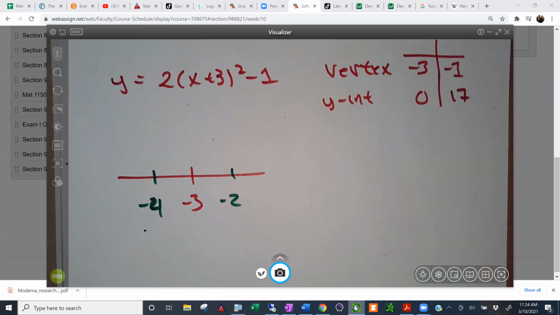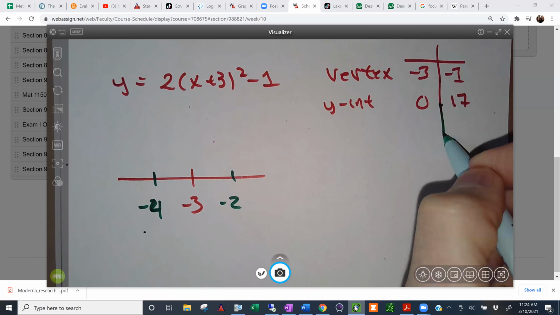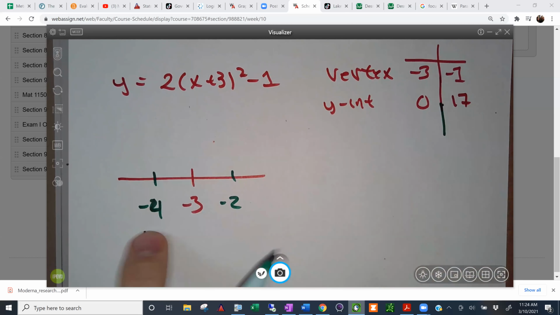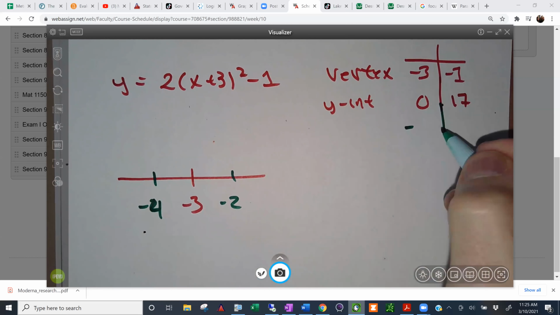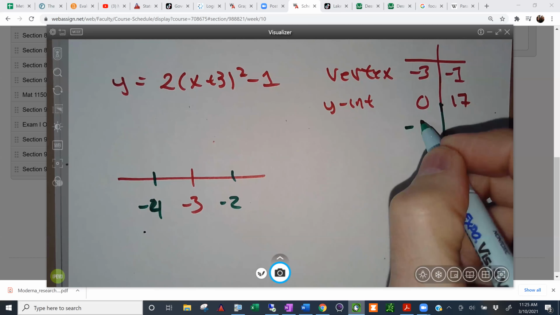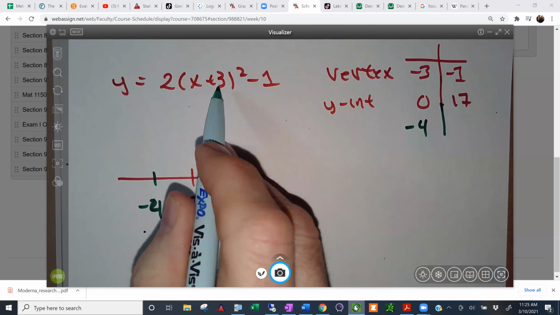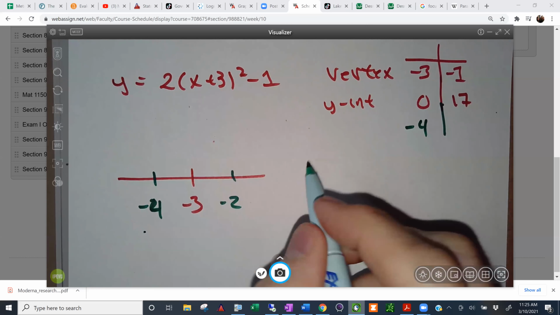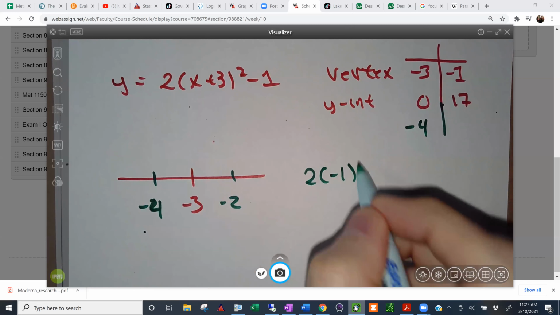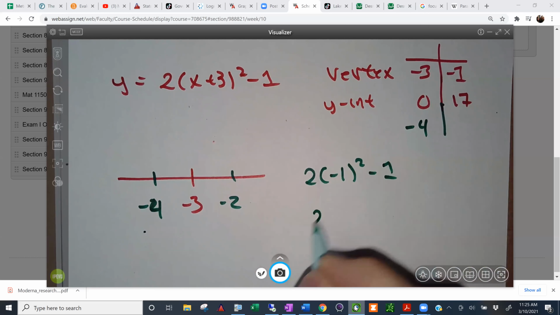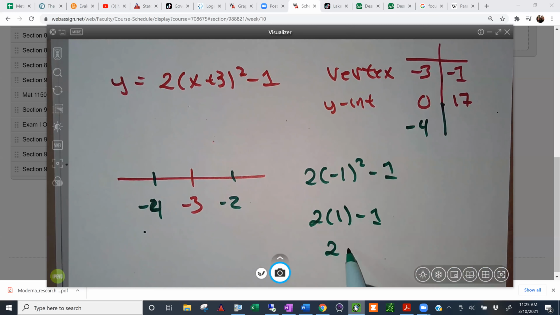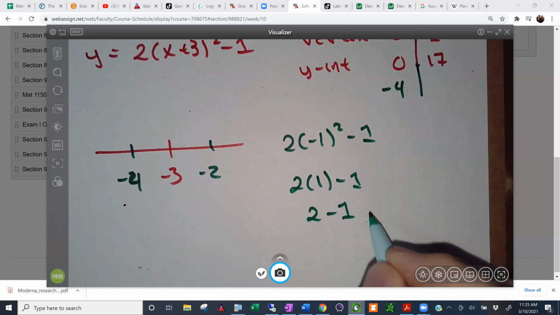So if I chose, for instance, you pick one for me, -4 or -2. No takers? -4. If I put in -4, -4 plus 3 is -1. -1 squared is +1. So 2 times 1 minus 1 gives me 1.